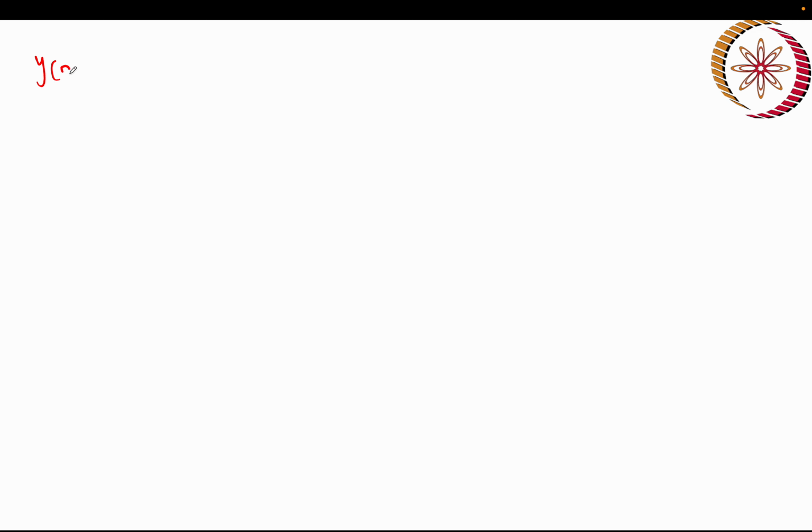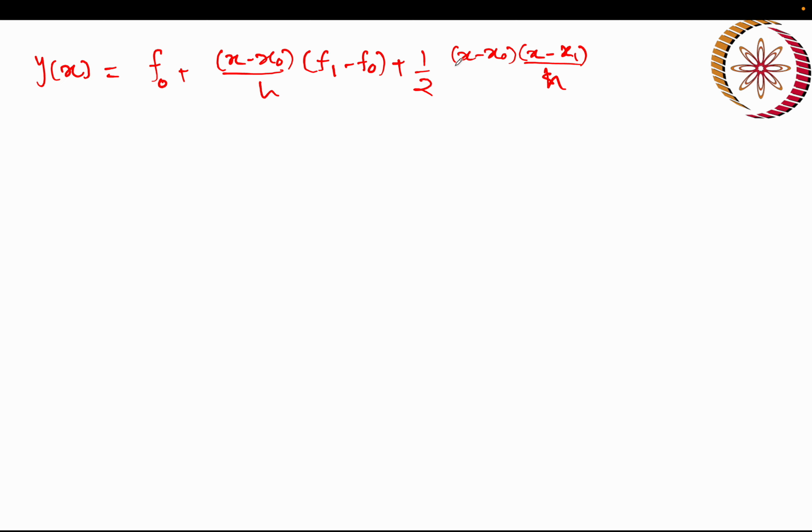I will write it here again. y(x) is equal to f(x0) plus (x minus x0) by h, f0 plus (x minus x0) by h, f1 minus f0 plus, let's say separate the half, (x minus x0)(x minus x1) by h squared, f2 minus 2 f1 plus f0.